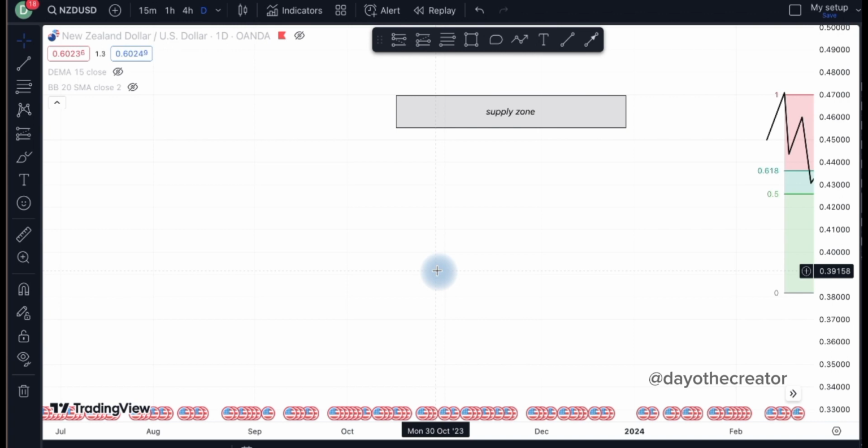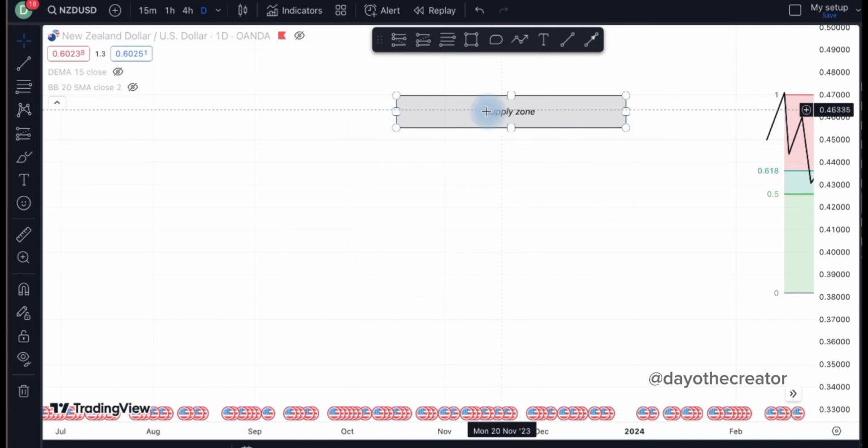For simple purposes, and for you to be able to understand in simple terms, whenever I say supply, it means sellers, the zone of the sellers. Supply zone is the zone of the sellers. Supply stands for sell zone.